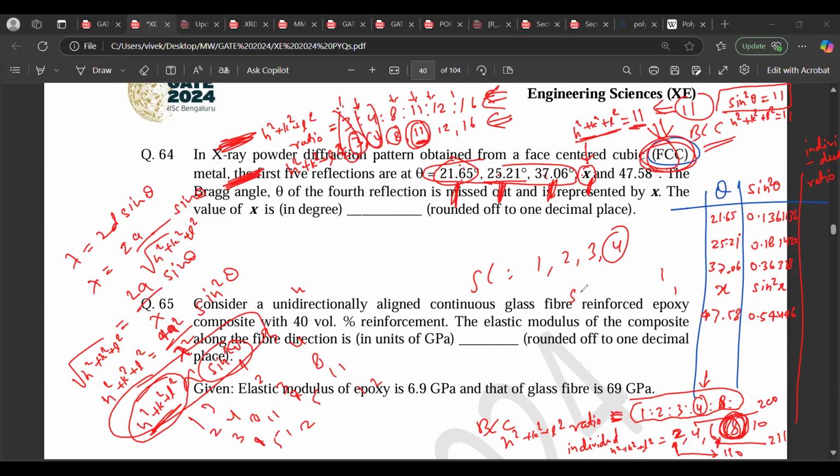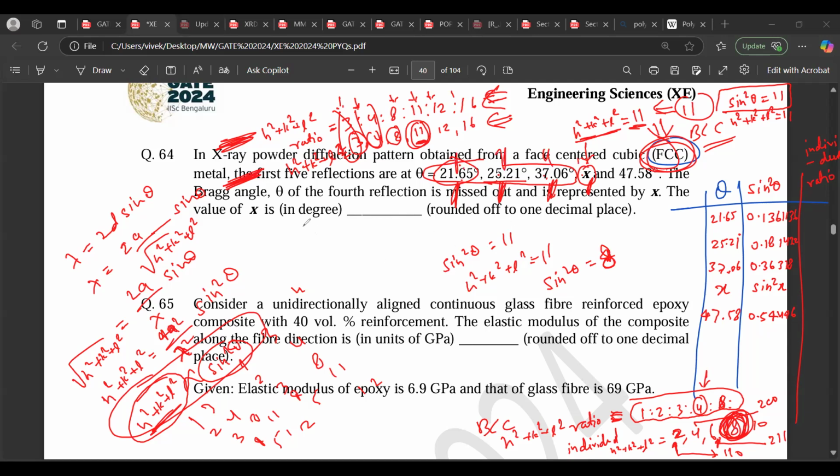So you might be thinking, sir, in the FCC case the fourth individual value is 11, so I can write sin square theta equals 11. But in case of BCC, if it is the fourth peak, what can I write? You can write the individual value, not the ratio, equals 8. Sorry, individual value is 8, no? Fourth peak: first, second, third, and fourth peak.